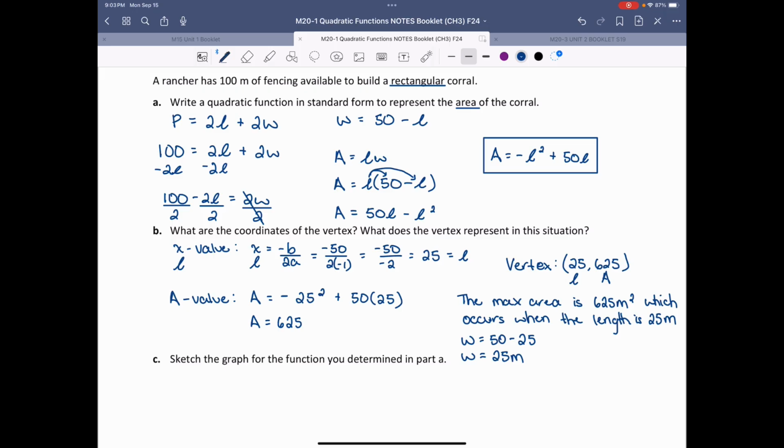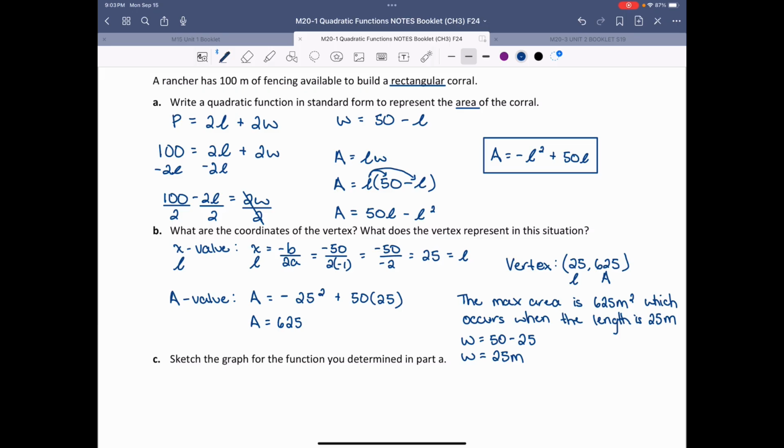My x max has to go past 25, where the vertex is. I'm going to make it 50 because 25 from 0 to 25 and then 25 more for symmetry would get me to 50. Hit EXE. Scale, I can leave as 1.